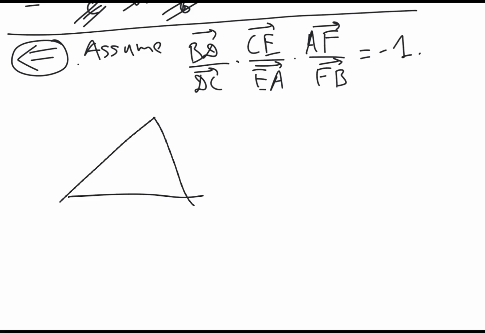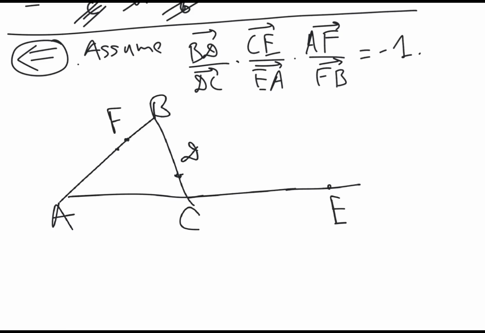So let's say that we have A, B, C. Let me draw it specifically so that they are not on the same line. So this is D, E, F. So on this picture they are not on the same line. So what we do is basically we assume this. We need to prove that D, E, F are on the same line, collinear.